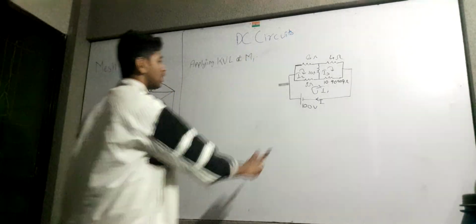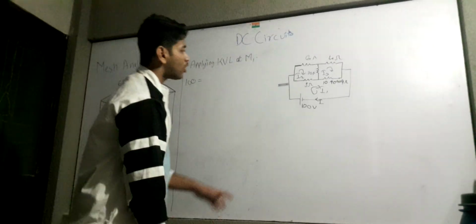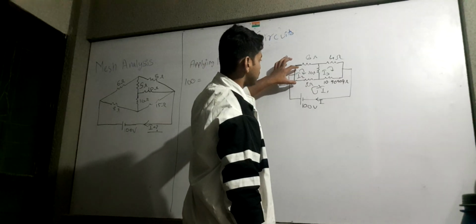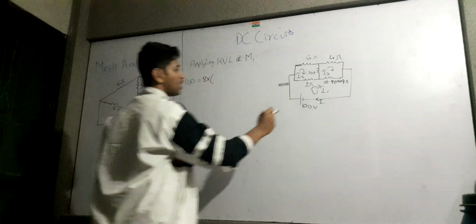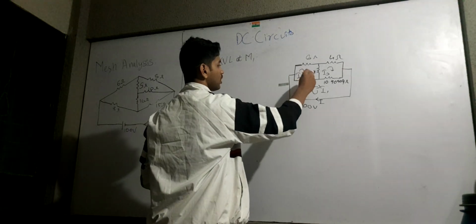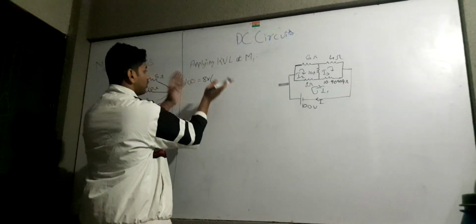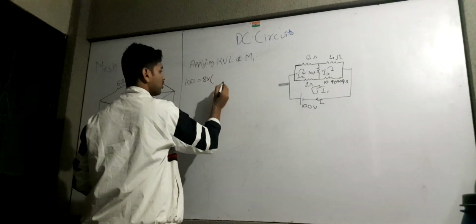Here we can see there is a voltage source. So 100 equals. Now what we have to do is go to this resistor, which is shared by mesh 2 and mesh 1. So we simply write 8 times. Now this current is in this direction and this current is in this direction. If it would have been on this side of the equal to, then it would have been minus I1 plus I2, but here it's on the opposite side, so it would be I1 minus I2.